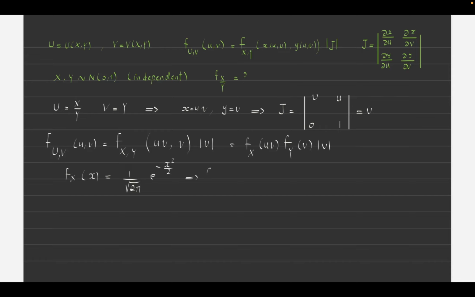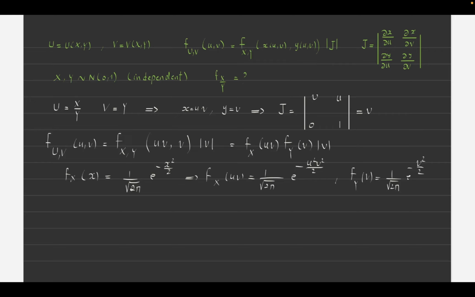So this means that f of x of uv becomes 1 over square root of 2 pi e to the power of minus u squared v squared over 2. And then we also know the same thing for y, so I can write f y of v is just 1 over square root of 2 pi e to the power of minus v squared over 2. Okay?